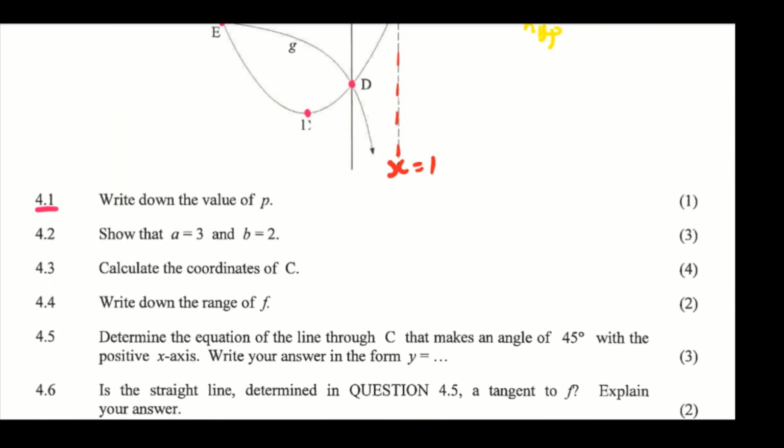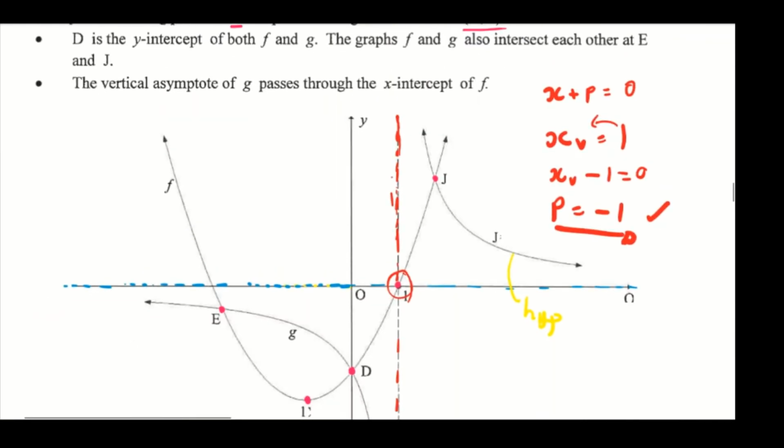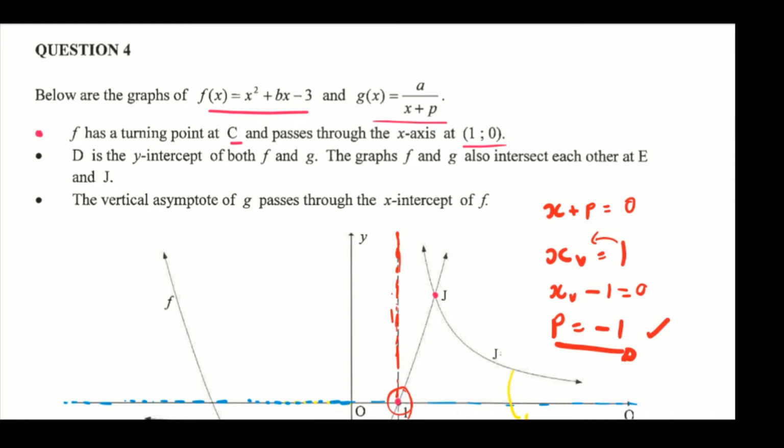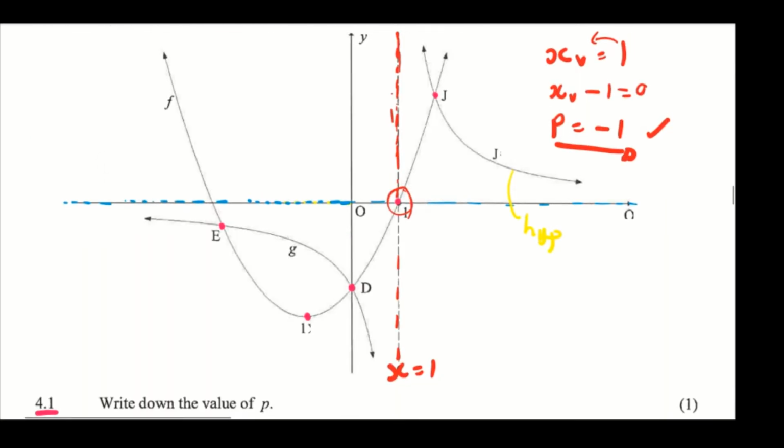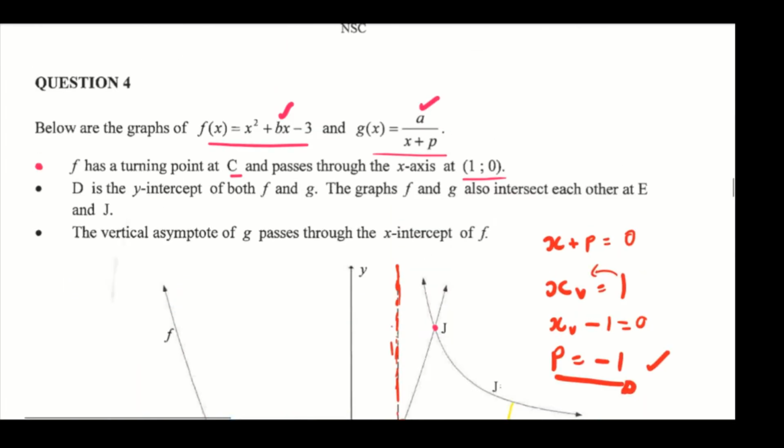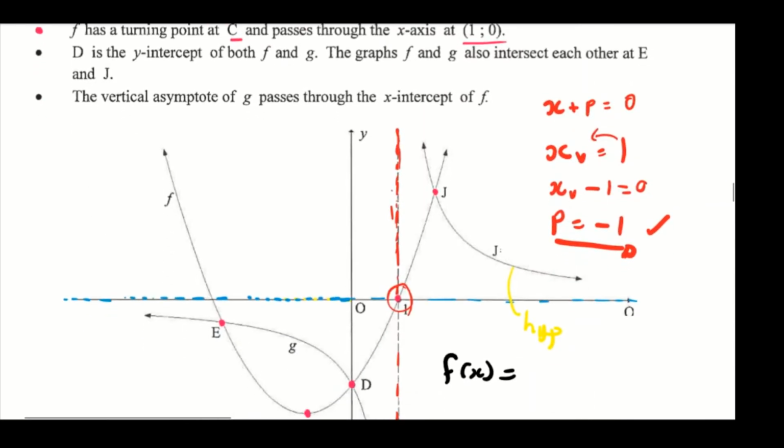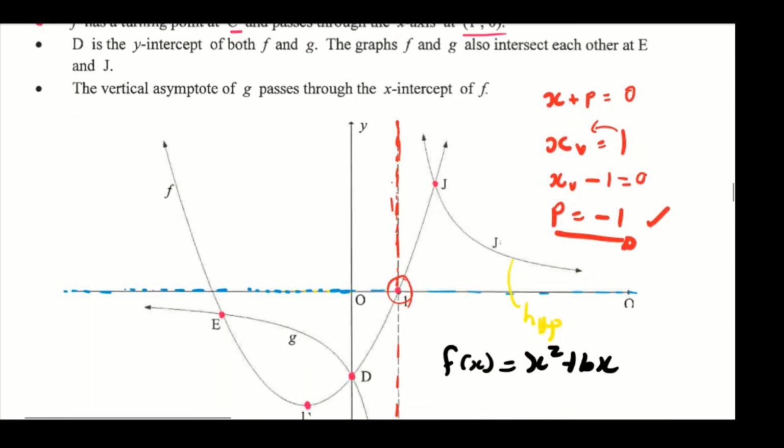Then 4.2, we are asked to show that A is equal to 3 and B is equal to 2. So for us to show the value of A and the value of B, we need to go to our graph, and because we have f of x being equal to x squared plus bx and then minus 3, right?